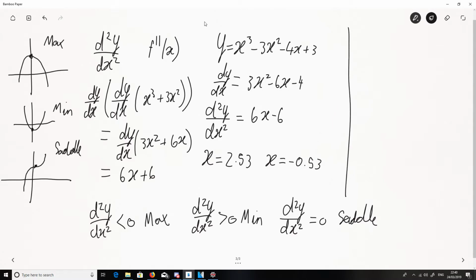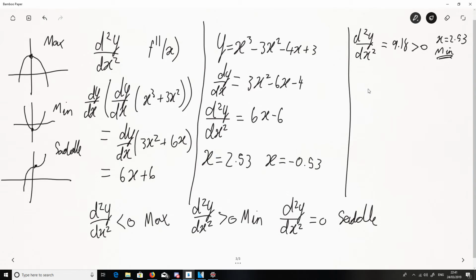So substituting those into this equation, substituting in 2.53, we find that d squared y by dx squared is equal to 9.18. And 9.18 is greater than 0, which means that our one at x equals 2.53 is a local minimum.